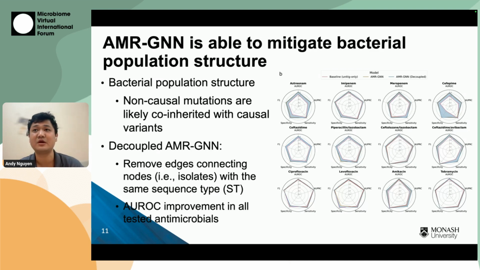This is because for a bacterial genome, the child genome is inherited from just one single parent, so there is a very high chance that some non-causal mutations are co-inherited with the causal one, which makes it very difficult to identify which variants are causing the AMR, or even that some models are just trying to remember the lineage information to predict the AMR rather than using the actual causal variants to predict AMR.